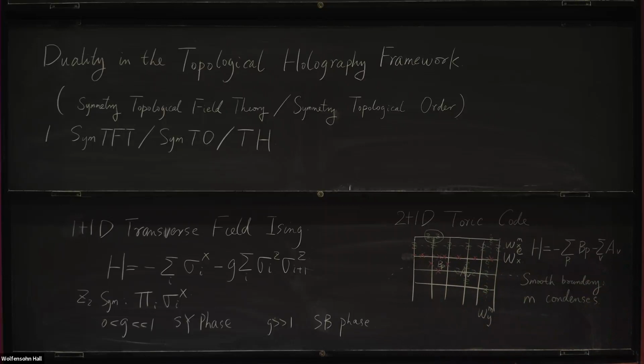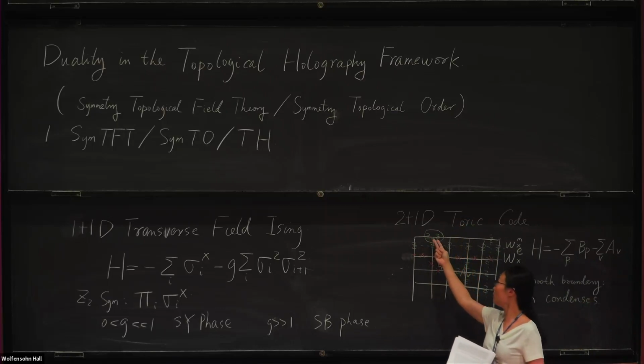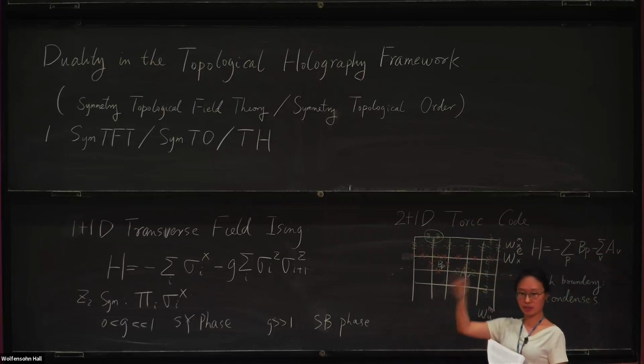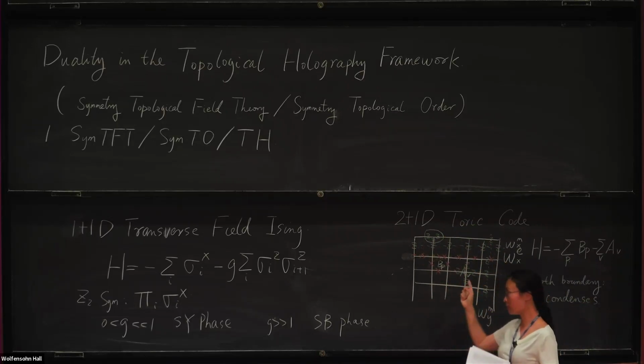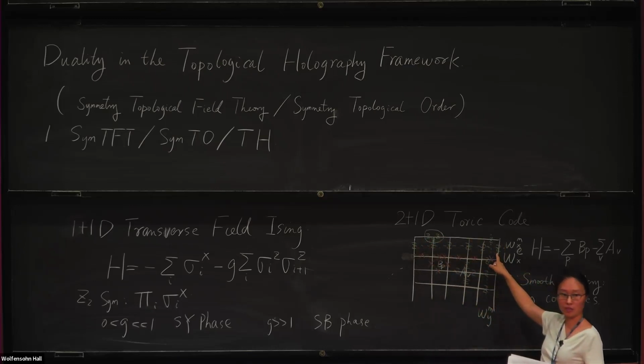But actually, if you look carefully, it's not totally free, because this Z string operator is a product of all these three-body boundary terms that I've put on the top boundary. Right? If we multiply all these three-body terms, and this is periodic boundary condition, remember, from the left to the right, they actually multiply into this Z string operator.